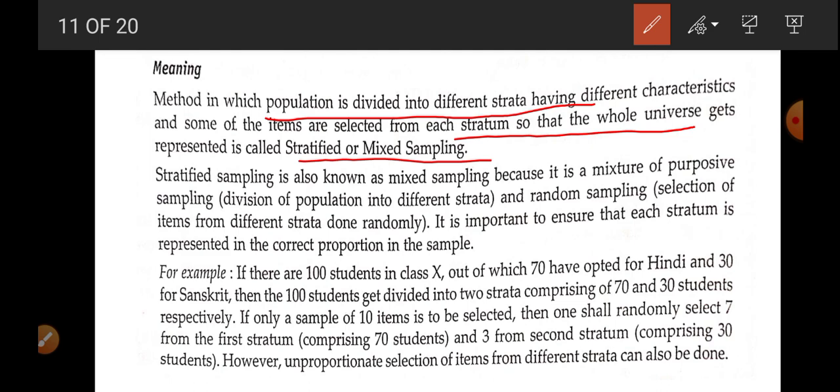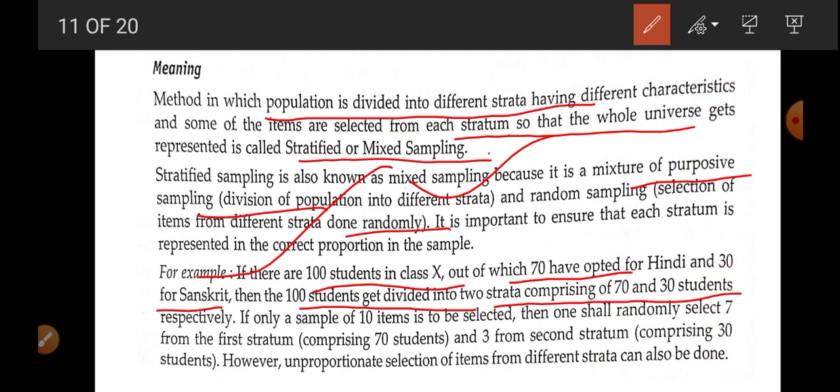It is a mixing of both random sampling and purposive sampling. Here it is given, it is a mixed sampling of purposive sampling and random sampling. Here is one example. There are 100 students of 10th, 70 have opted for Hindi, 30 Sanskrit. The 100 students get divided into two strata, 70 and 30.